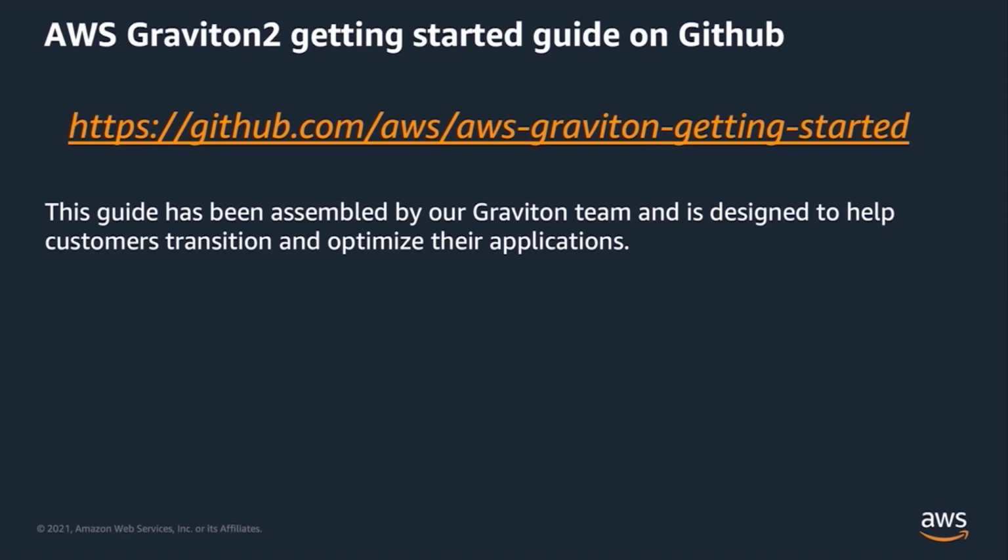If you're looking for things like specific versions of software that have Graviton 2 support or specific compiler flags for your desired compiler to make sure you get the best performance for your application on Graviton 2, this is the place to go. It includes a ton of tips and tricks for really maximizing performance and just optimizing your experience across languages and libraries during a Graviton 2 migration.